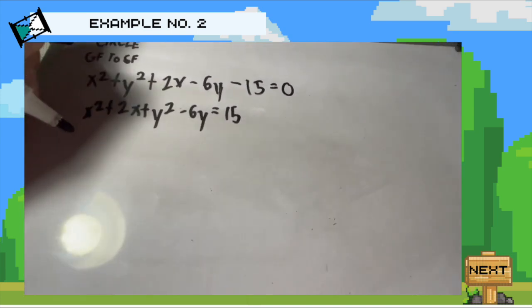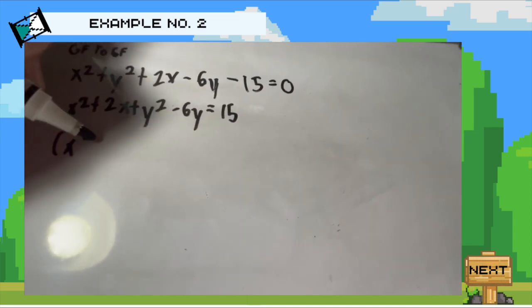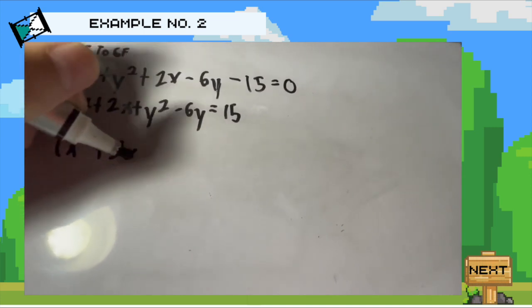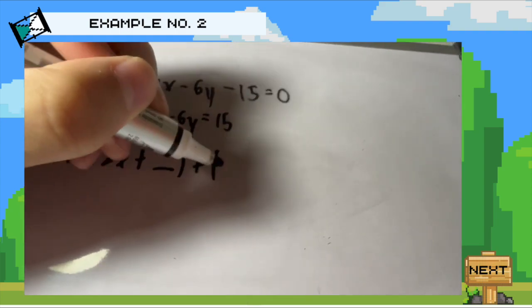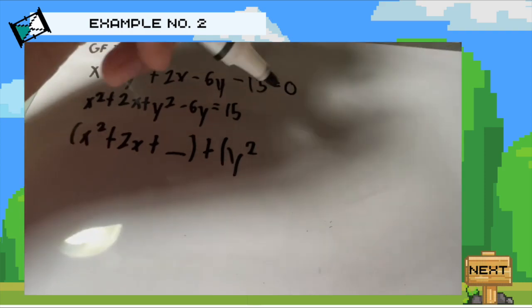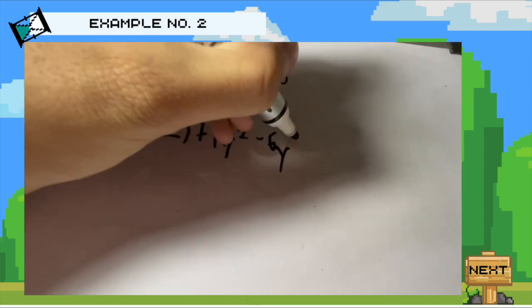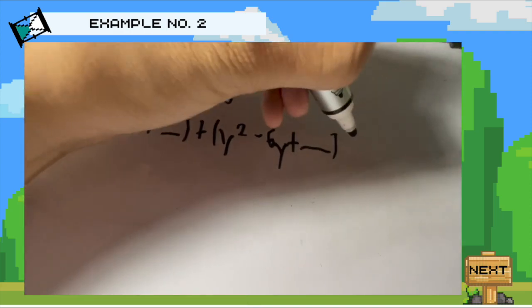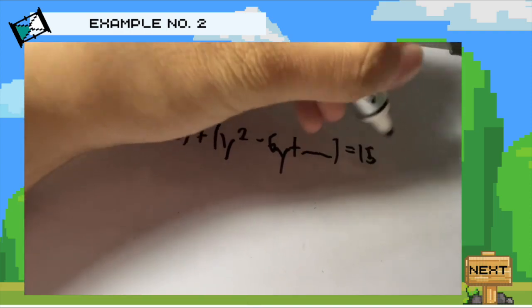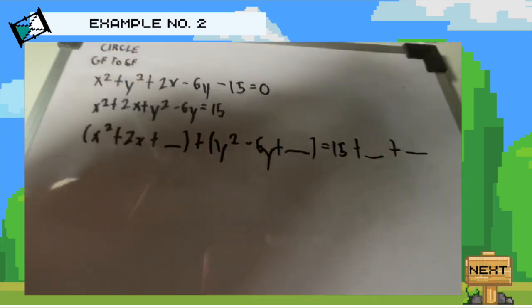So we have x squared plus 2x plus blank plus y squared minus 6y plus blank is equal to 15 plus blank plus blank.